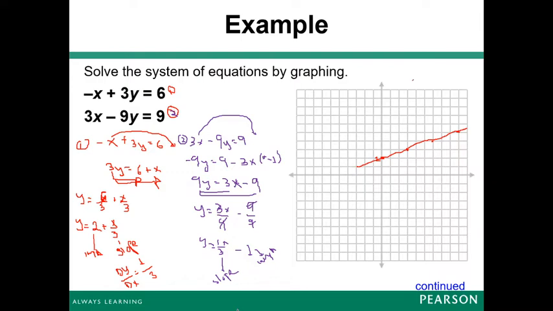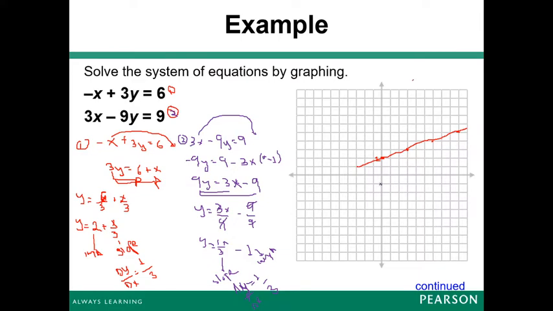Remember that in this slope, the change in y represents 1 and the change in x represents 3. So we're going to begin with this minus 1.